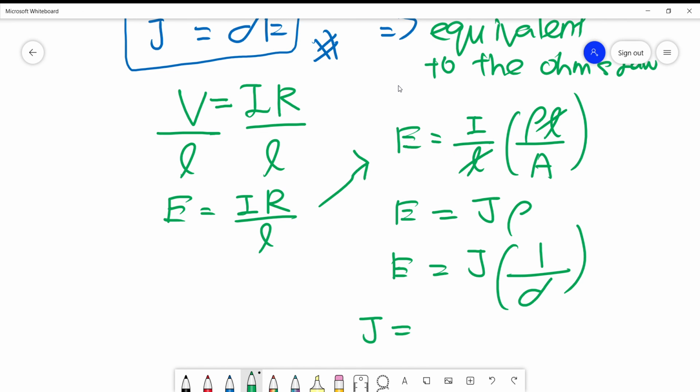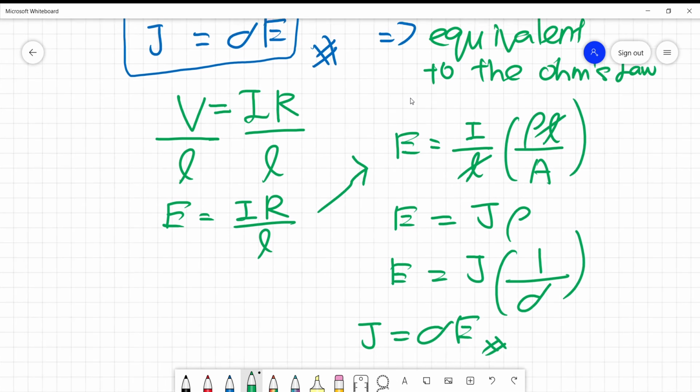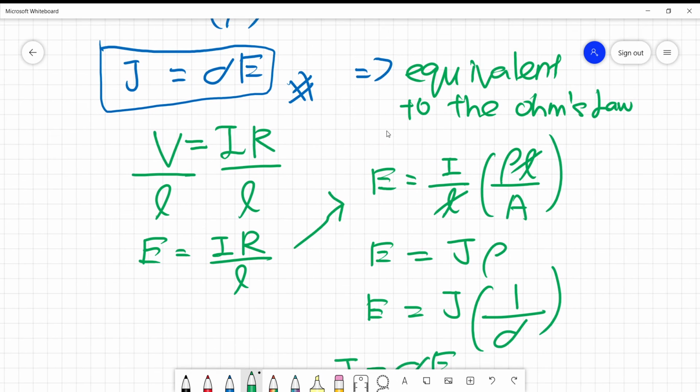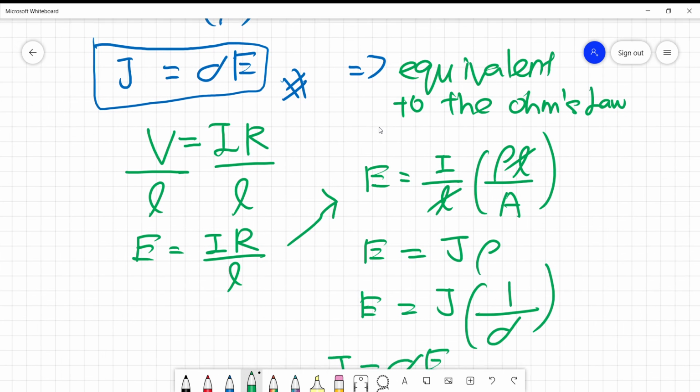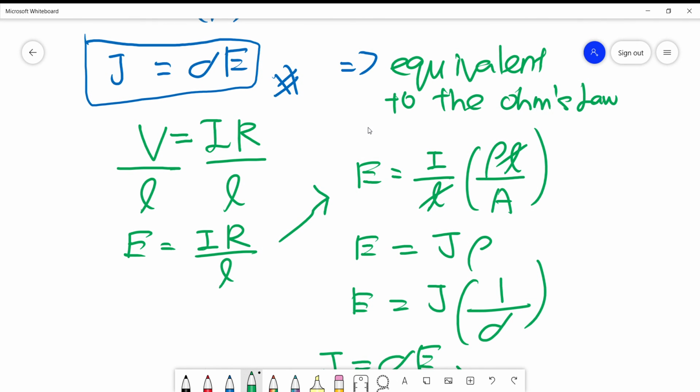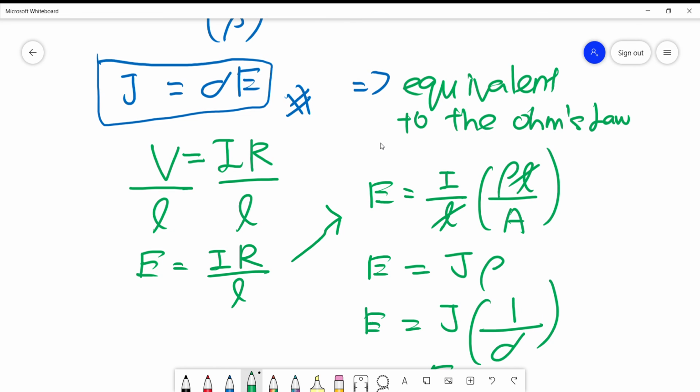So finally J, which is the current density, equals sigma E. And this is the derivation showing it is equivalent to Ohm's law. Okay, so I have proved that the formula J equals sigma E is equivalent to Ohm's law.